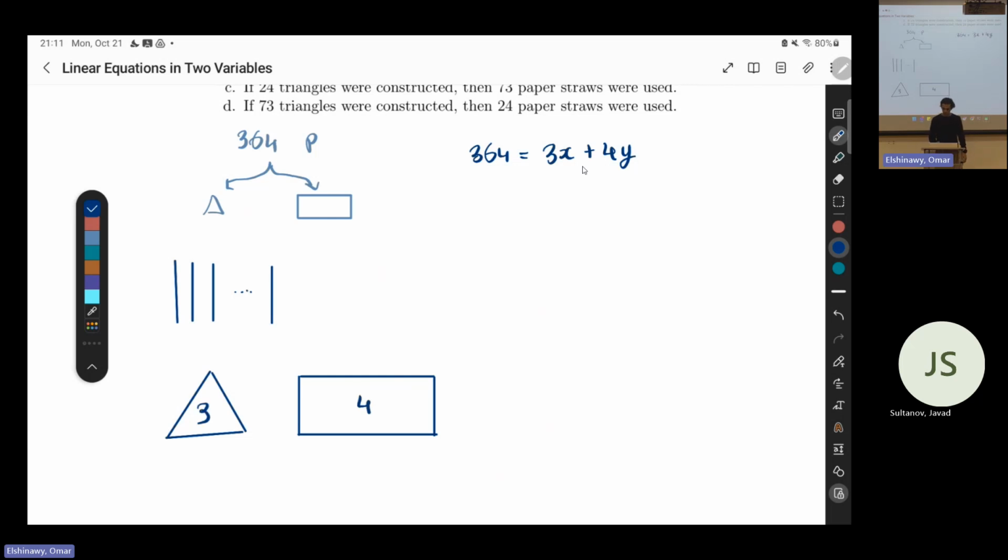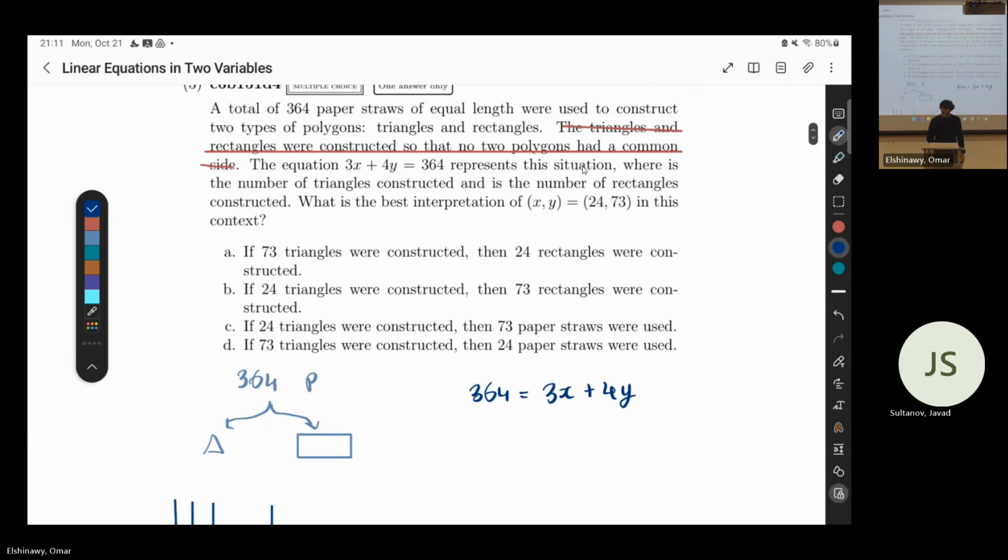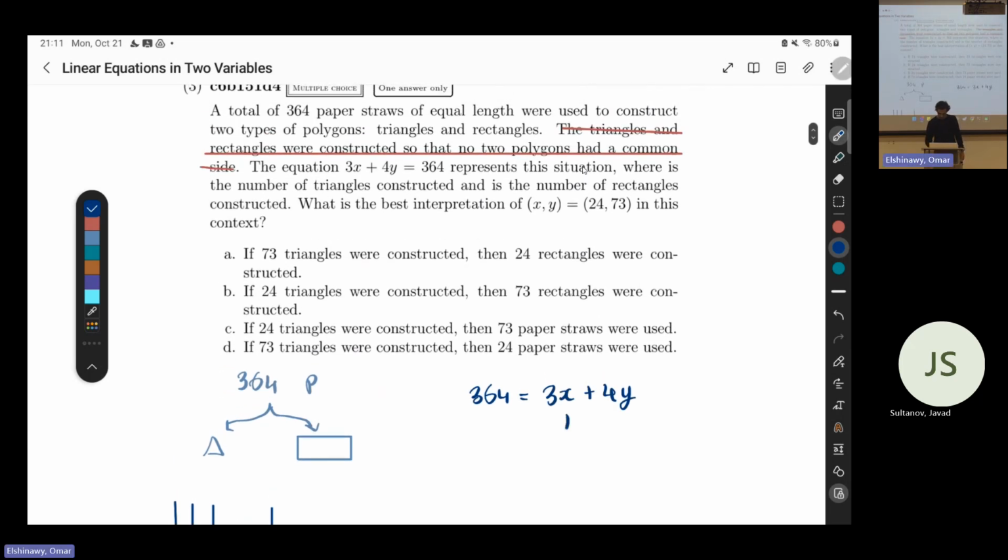Then probably this X is for triangles. For each triangle we use 3 straws, and for each rectangle we use 4 straws.